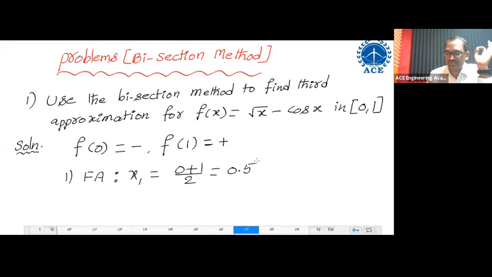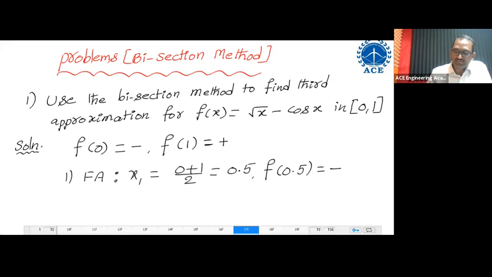Immediately find out f of 0.5. In case f of 0.5 is equal to 0, then 0.5 is the required root. Suppose f of 0.5 is not equal to 0, then tell me its sign, positive or negative. Root of 0.5 minus cos of 0.5 in terms of radians: negative.